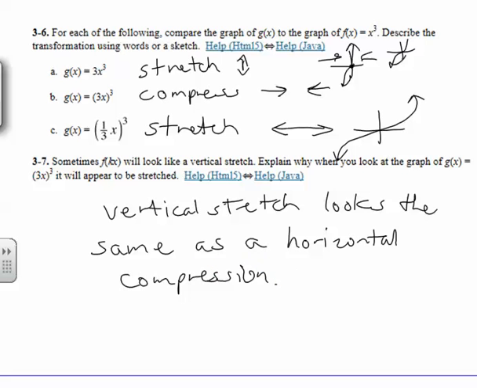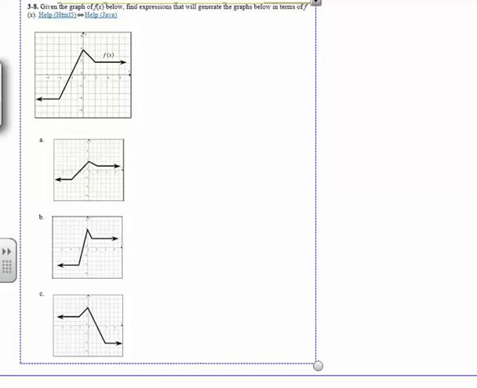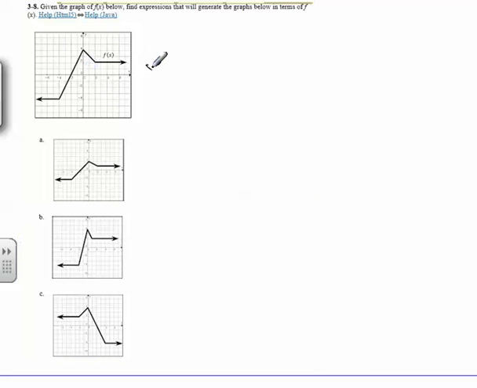Okay. Next one. Given this original function f of x below, so here's our original. Find expressions in terms of f of x that will generate the graphs.